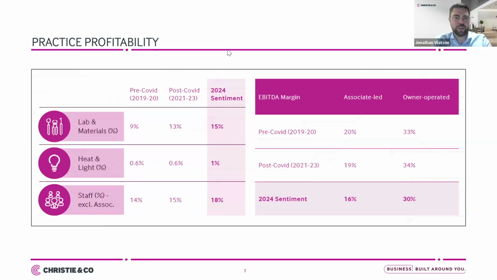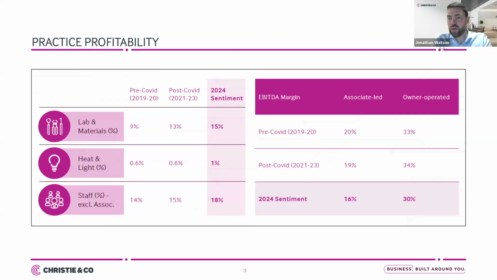And as an owner-operator practice, we've got 33 there as pre-COVID, but in some of those mixed practices we'd sometimes see owner's profit up at 40% plus, and now we're regularly seeing 30. So that's been the big change.